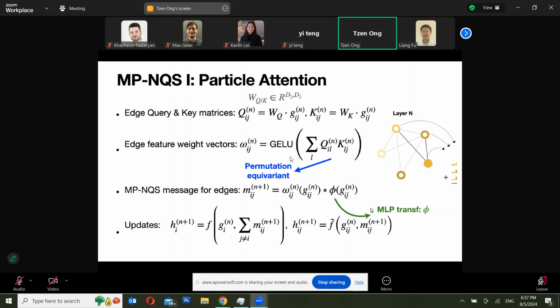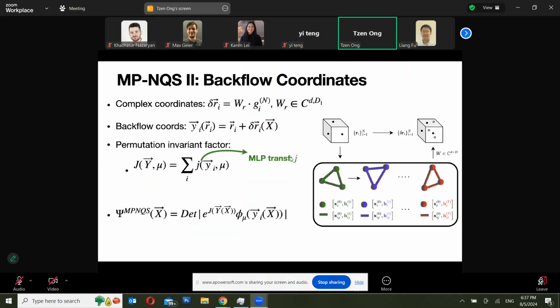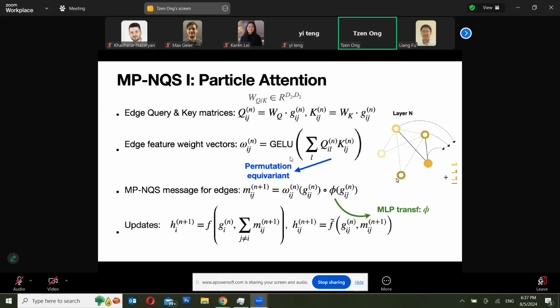So that's MP-NQS. This is the attention part of MP-NQS. The important thing is that these WK and WQ do not depend on the particle. So they do not change when you increase the number of particles in the system.